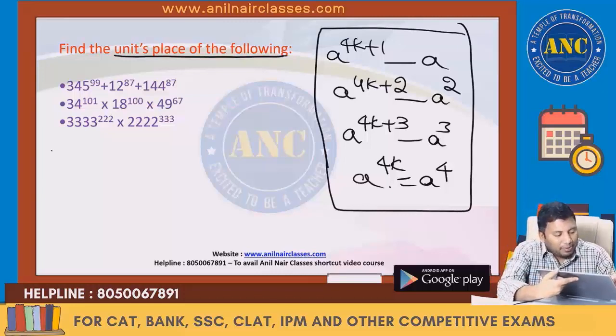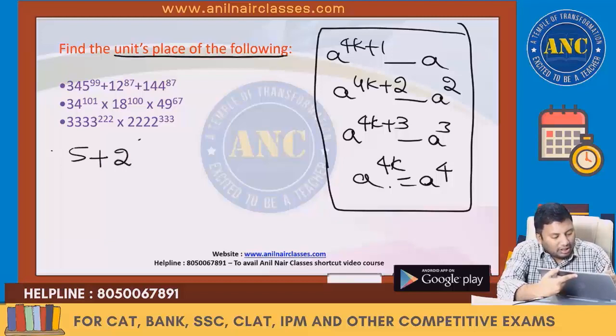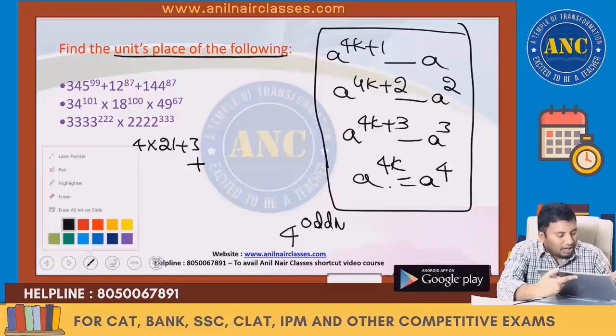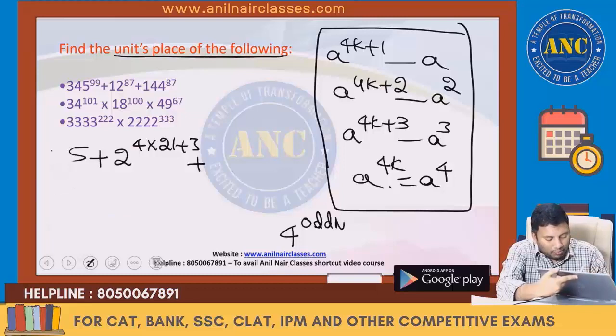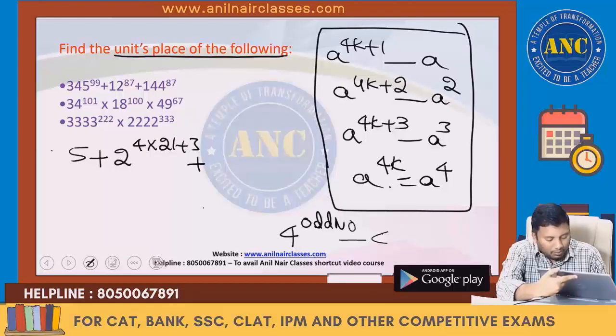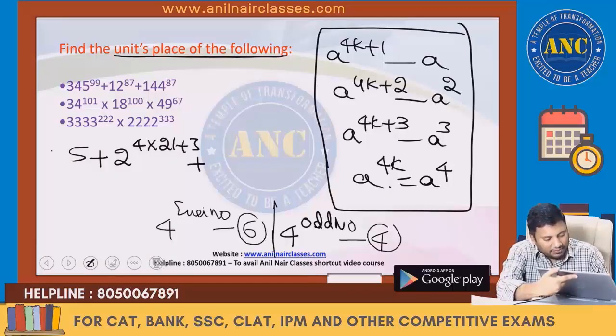First one, 5 power any number is 5. 2 power 87, which is nothing but 2 power 4 into 21 plus 3, is 8. 4 power, please write down another number: 4 power odd number, unit digit is 4. 4 power even number, unit digit is 6.